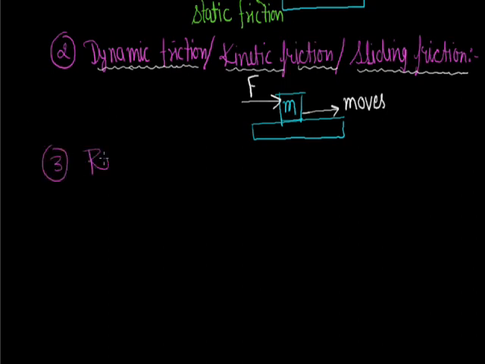Now third is rolling friction. The friction which comes into play when one body rolls on the surface of another body, then the force of friction between both of the surfaces of bodies is known as rolling friction.